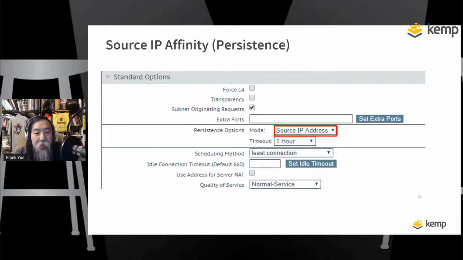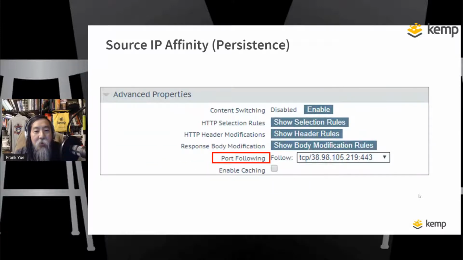I'm going to create a persistence option, mode source IP address, and I'm going to do that for port 443. And then I'm going to put advanced on all the other ports that I've configured for that load balancer. I'm going to do port following and say all those other ports maintain that persistence and affinity, or follow that original port of 443.